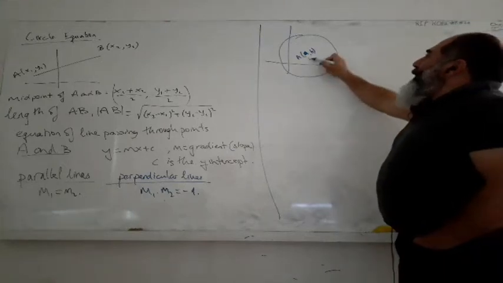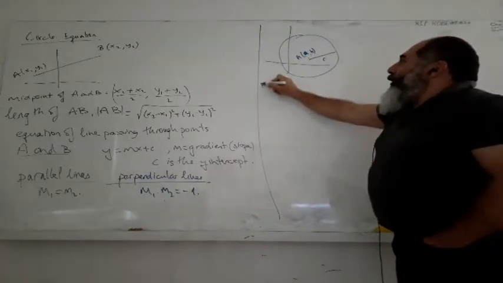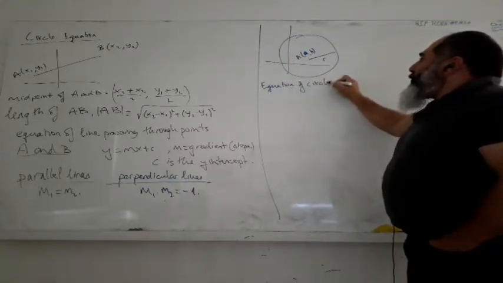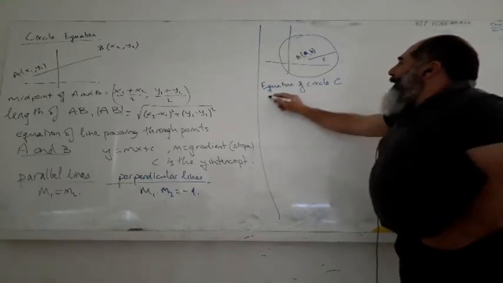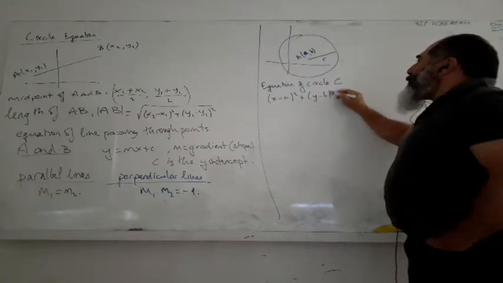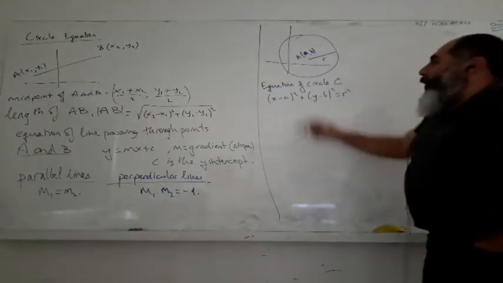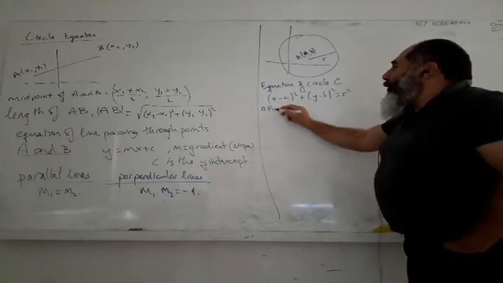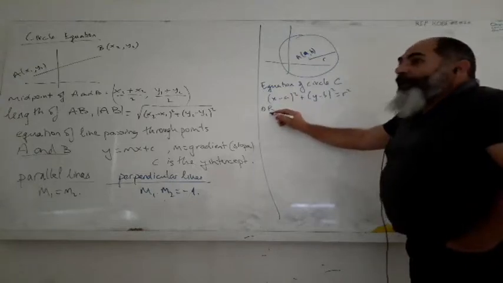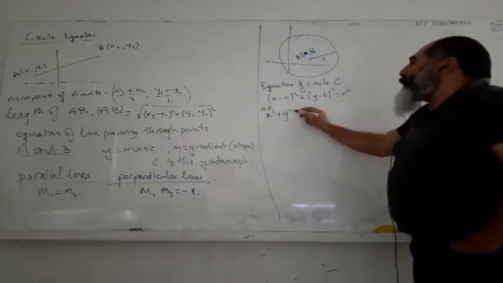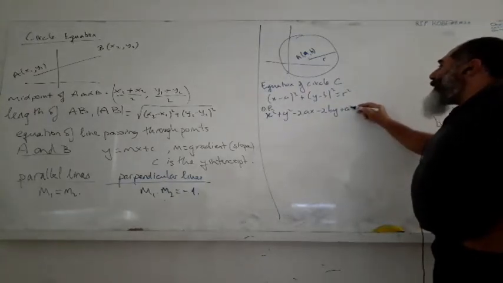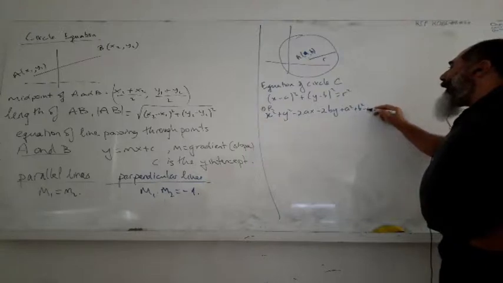So the equation of circle C is either (x minus a) squared plus (y minus b) squared is equal to r squared, or you have to remember the expanded form of the equation of the circle as well, which is x squared plus y squared minus 2ax minus 2by plus a squared plus b squared minus r squared is equal to 0. You have to remember both.